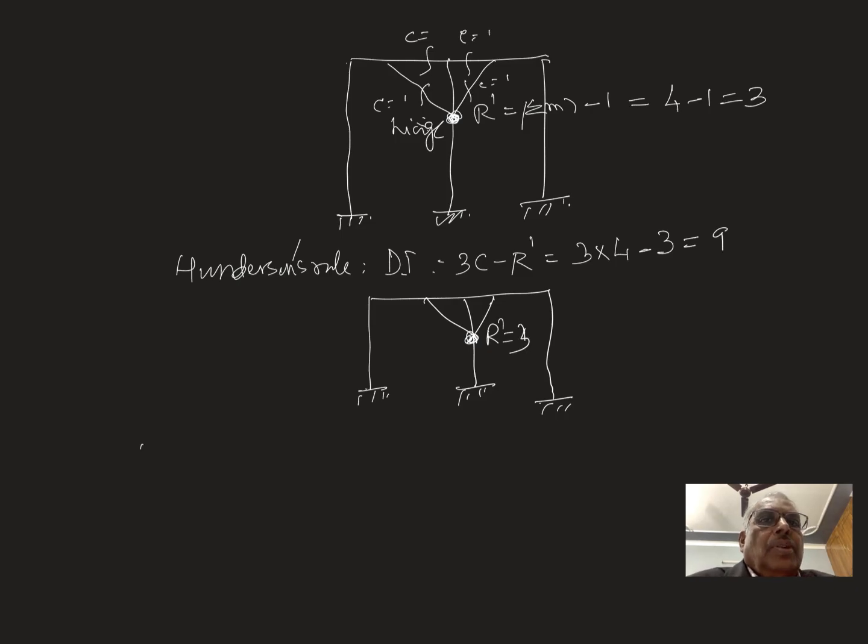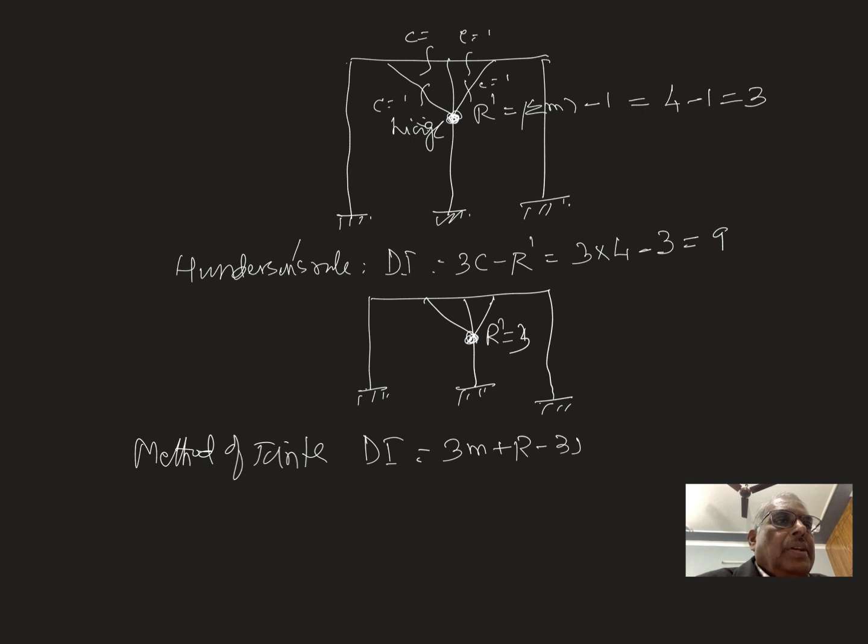Now with the method of joints, DI is equal to 3M plus R minus 3J minus R dash. How many members? 1, 2, 3, 4, 5, 6, 7, 8, 9, 10.